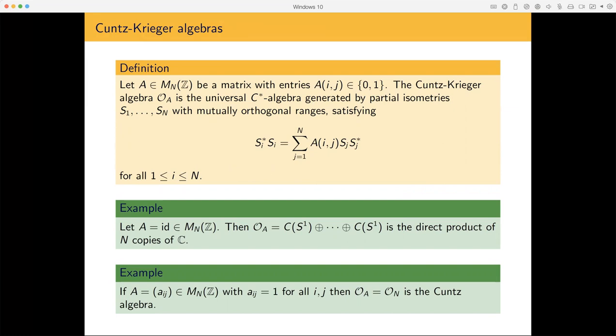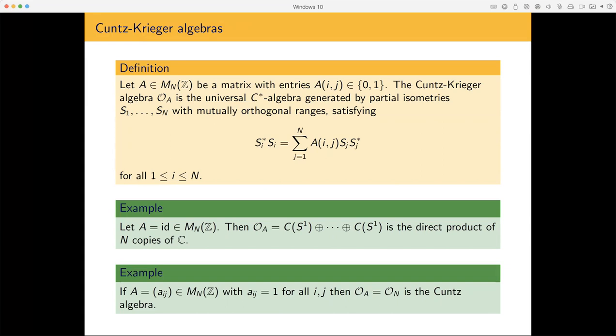Just to be clear, a partial isometry in a C-star algebra is an element S such that S star S S is equal to S. The range projections are S S star, and orthogonal ranges means that these projections multiply to 0 if you take two of them.